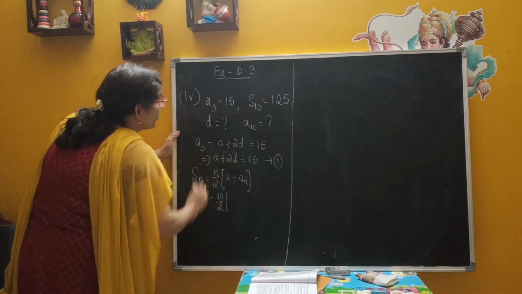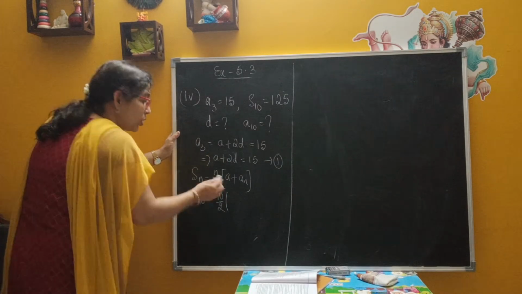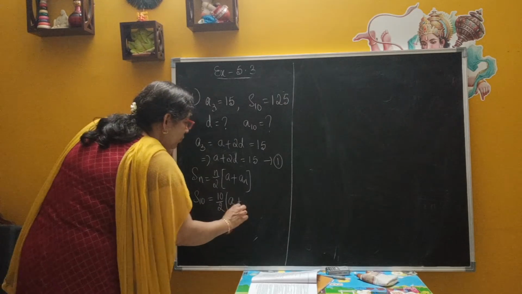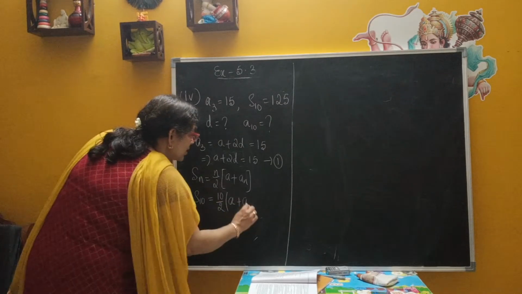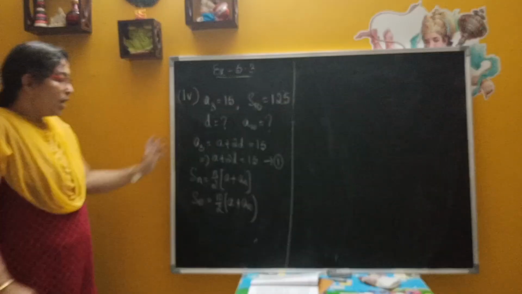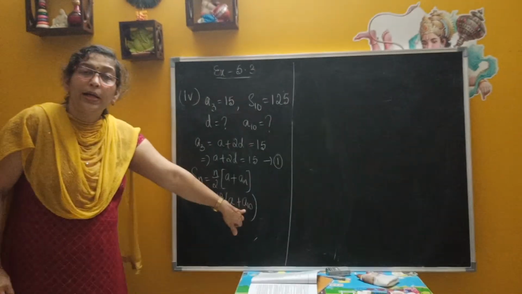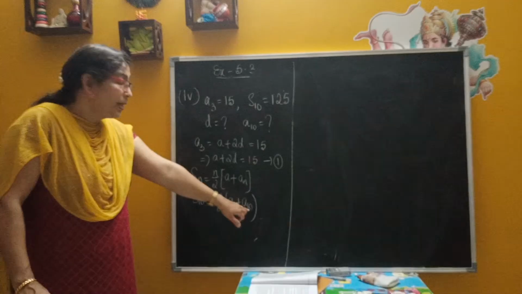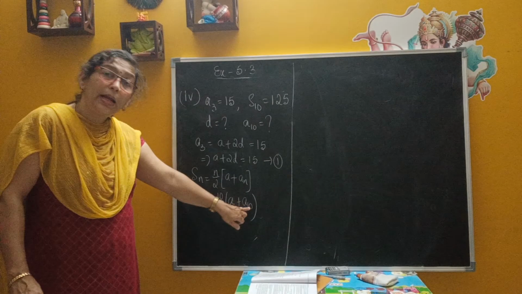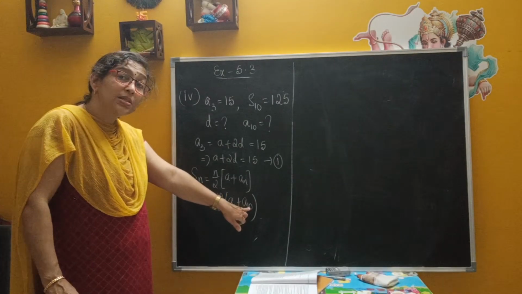A we don't know, we don't know here. So A value, A as it is. An, do we know the value of An? No. We just write A10. But you know how to write A10, using the formula A plus n minus 1 into D. A10 can be written as A plus 9D.